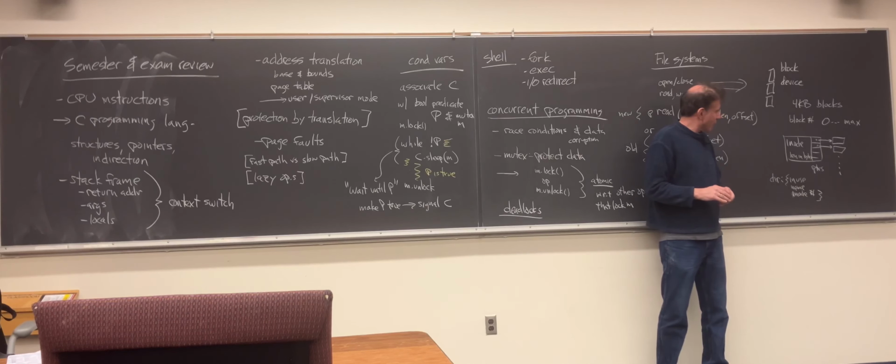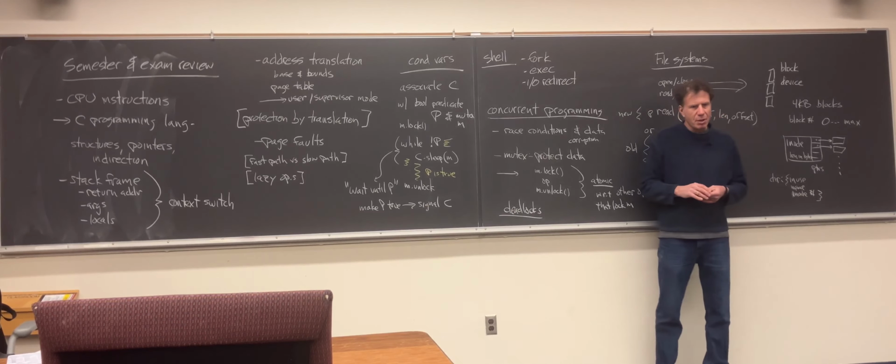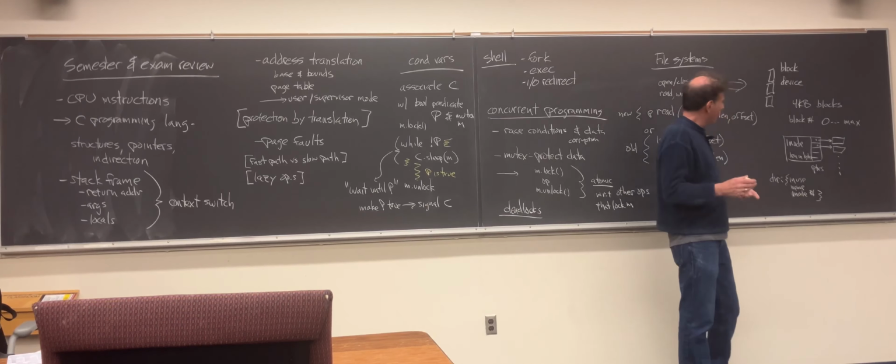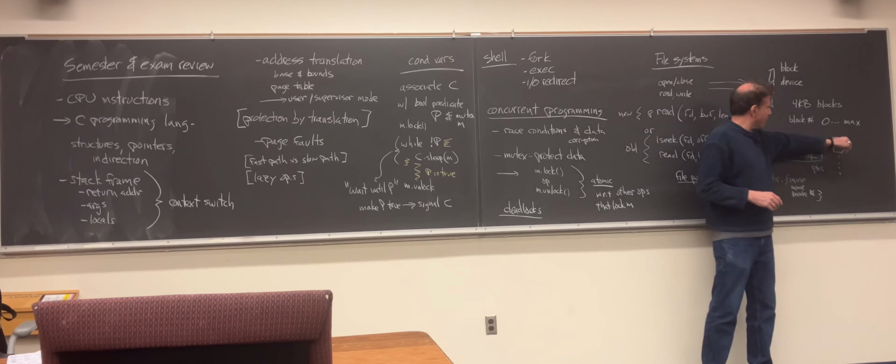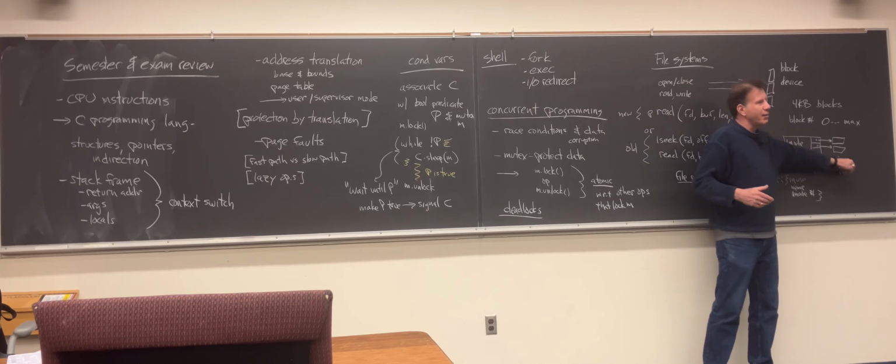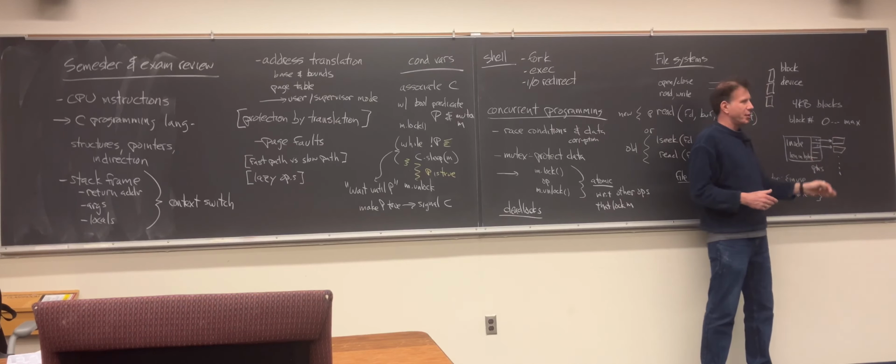But ext4 and NTFS both use essentially run-length encoding instead of individual block pointers. So they'll have a record saying blocks 20 through 25, and that would be a single entry.